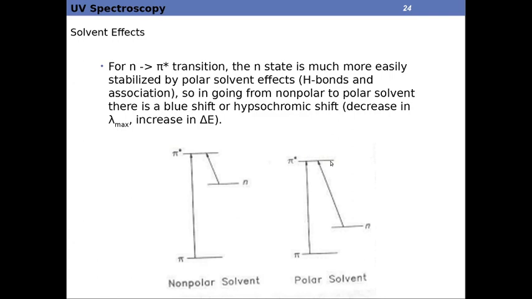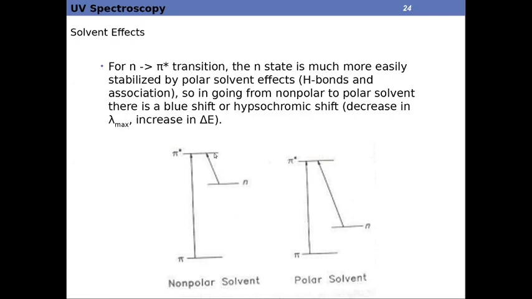So obviously, for the same molecular system taken in a non-polar solvent and a polar solvent, the n to pi star transition will be much more blue shifted in a polar solvent compared to the case in a non-polar solvent, because the transition requires greater energy in a polar solvent compared to a non-polar solvent.